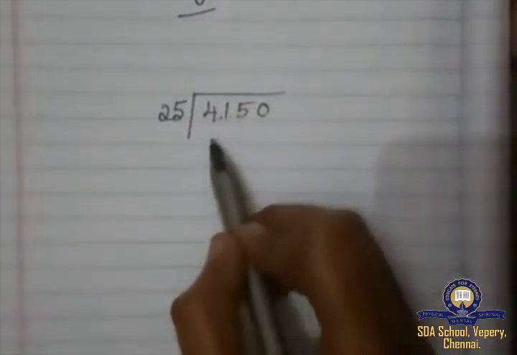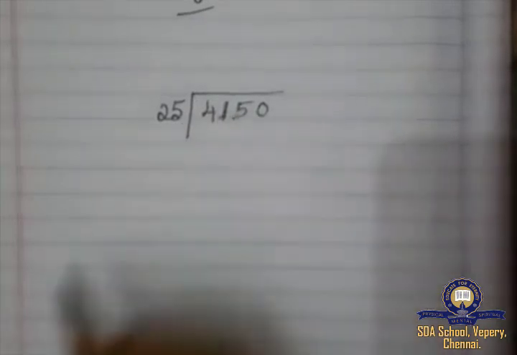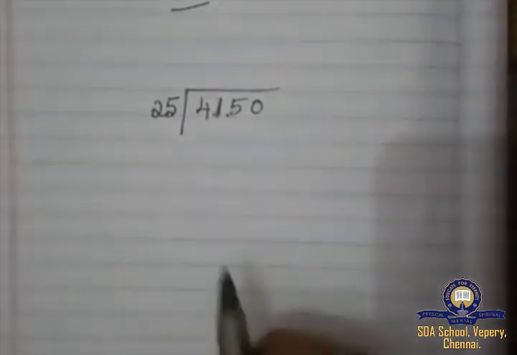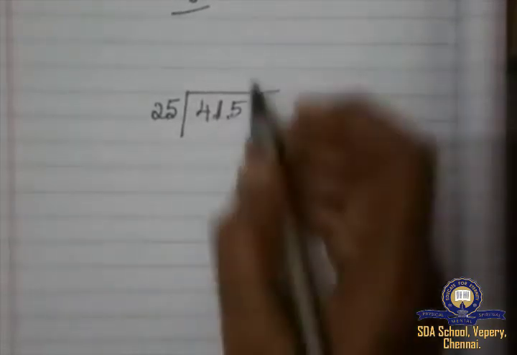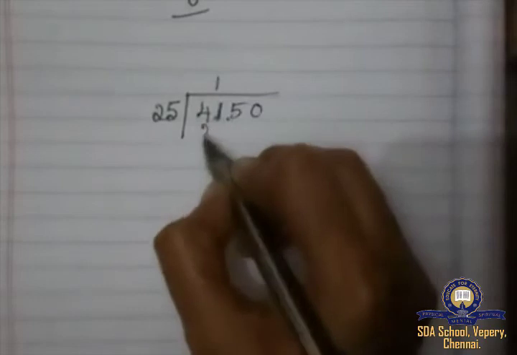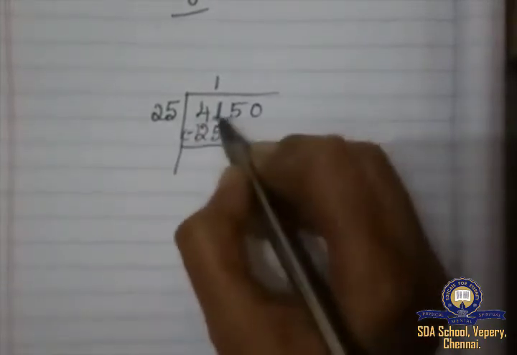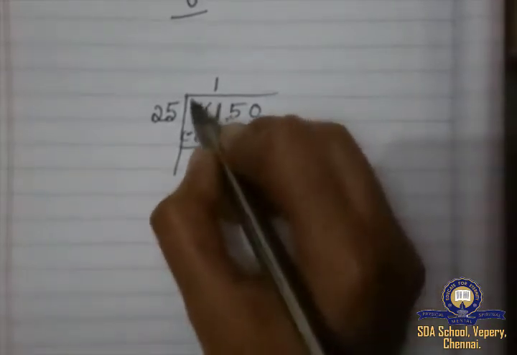One number alone is very small. Shall we take 2 numbers? 41. 25 ones are 25. 25 twos are 50. So here, for 41, shall we stop at 25 ones are 25? Okay, subtract. From 1 you cannot subtract 5. This will become 3.